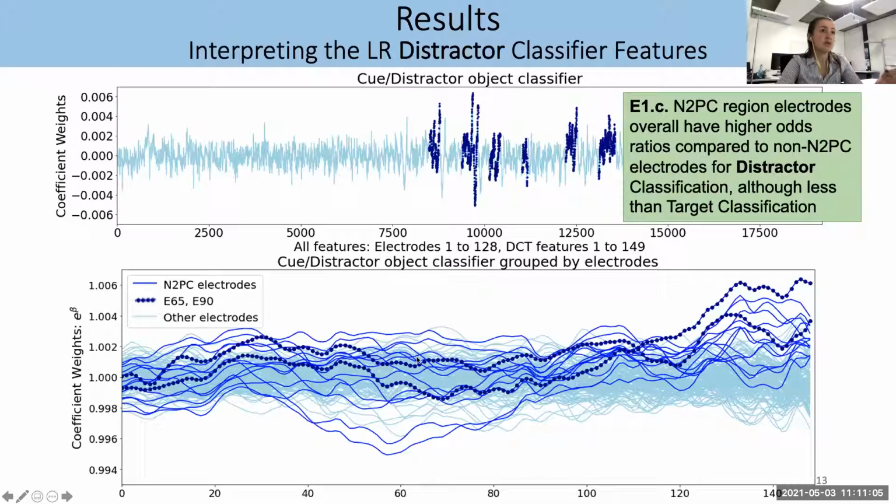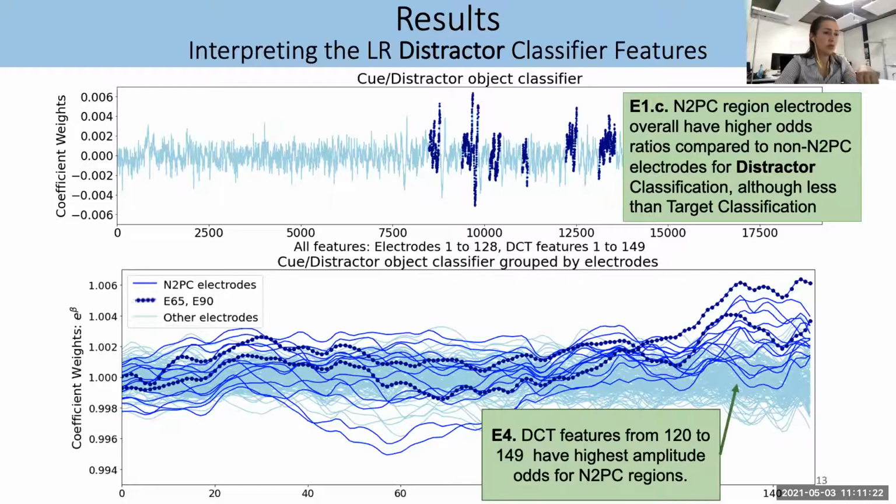And so we can say that the N2PC region electrodes overall have higher odds ratio, particularly towards the higher frequencies, the higher DCT frequency bins, although it seems to be less than the target and also baseline classifier. What we also noticed is that the features from 120 to 149 have the highest or the strongest odds for the N2PC region.